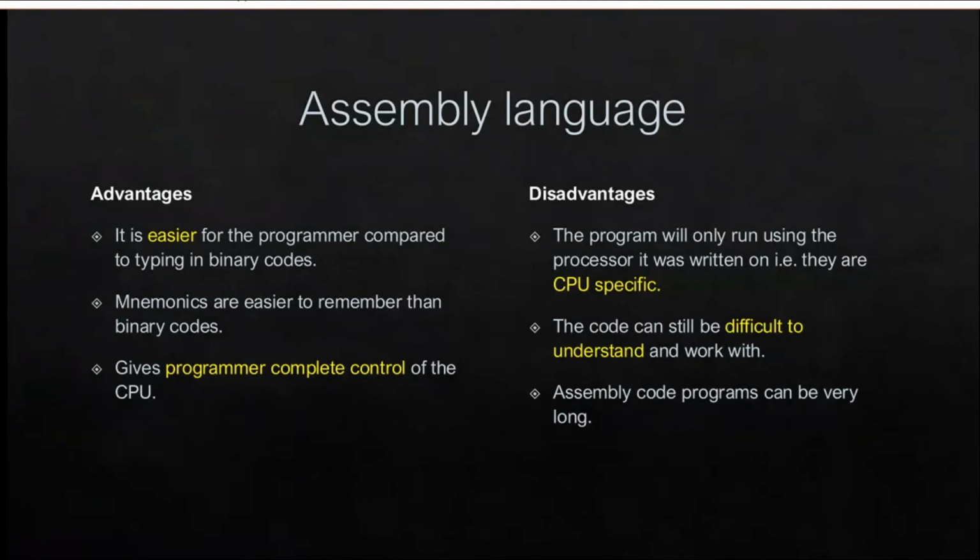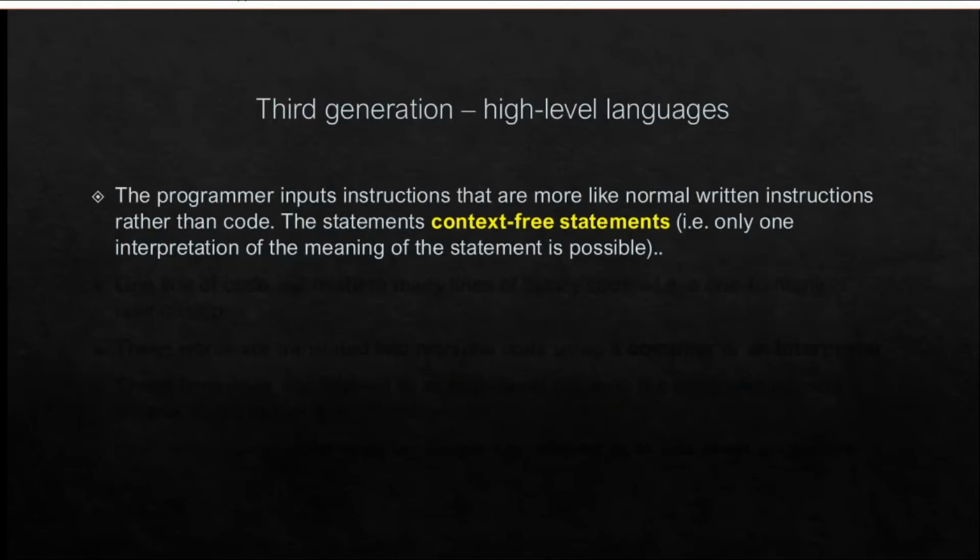So if you want to do something simple, like a loop that runs through an array and totals a load of values up, that's going to require quite a lot of assembly code, whereas you could probably do that in 2 or 3 lines in a high-level language.